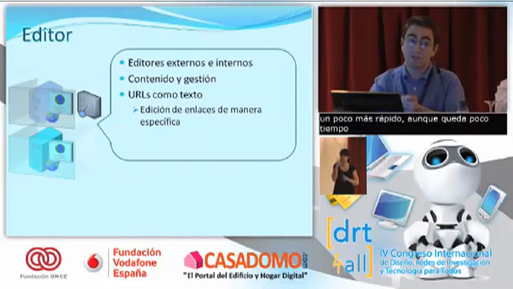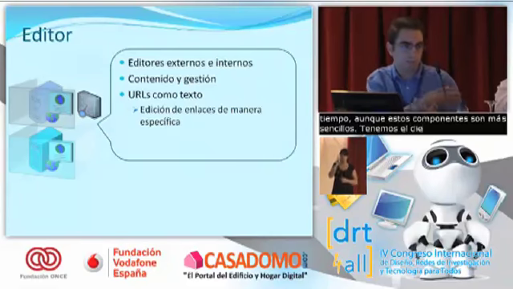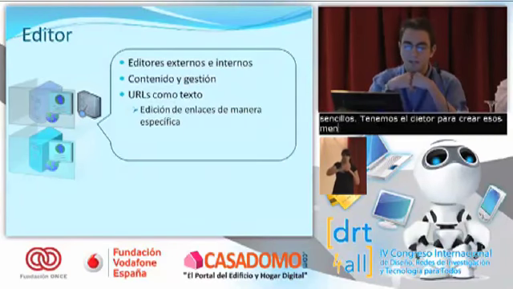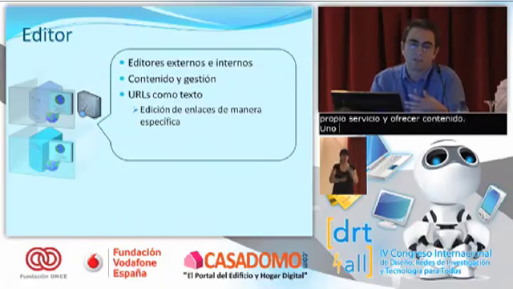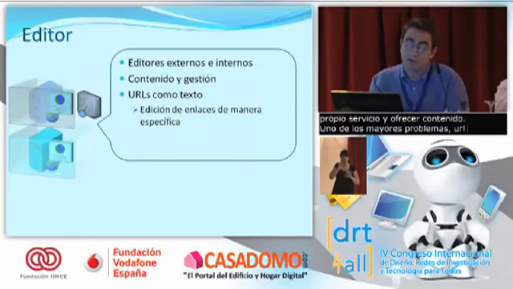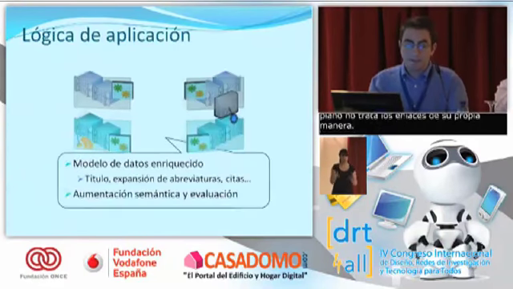This is more simple. We have the editor to create the messages. They can be internal or external, can be Twitter or, for instance, what Jose Manuel presented. And this allows us to manage the service and offer content. One of the main problems is URLs that do not treat editors as such. If it's plain text, it won't do this, for instance.